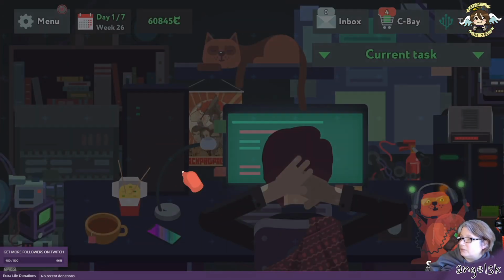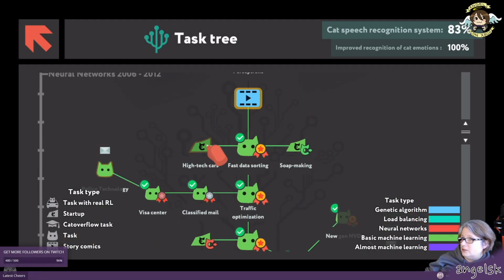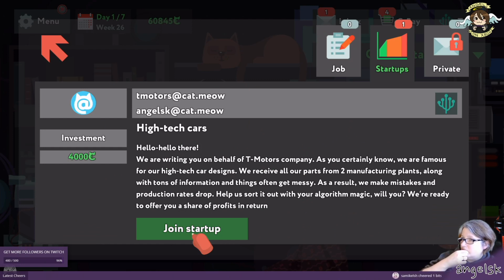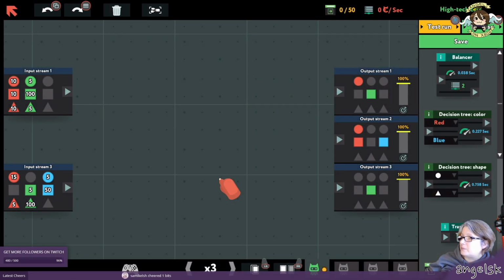Which I just can't be bothered to unpick at this point. Let's look at this high-tech hair. Okay. Team Motors, famous for our high-tech car. Right, read that wrong. Parts, production rates, okay. 4,000, okay, let's see. Oh, my head just hurts looking at this.